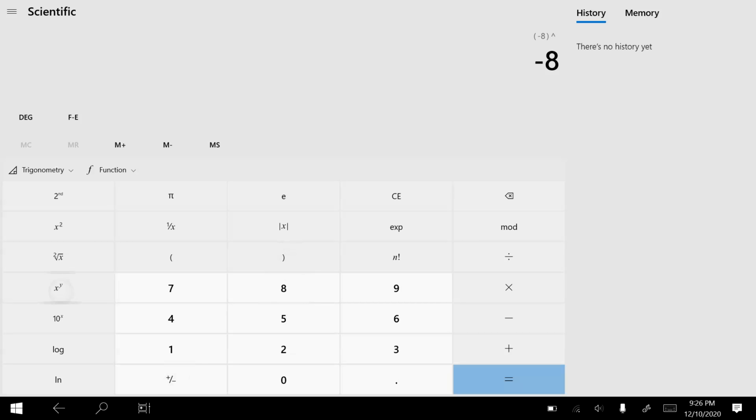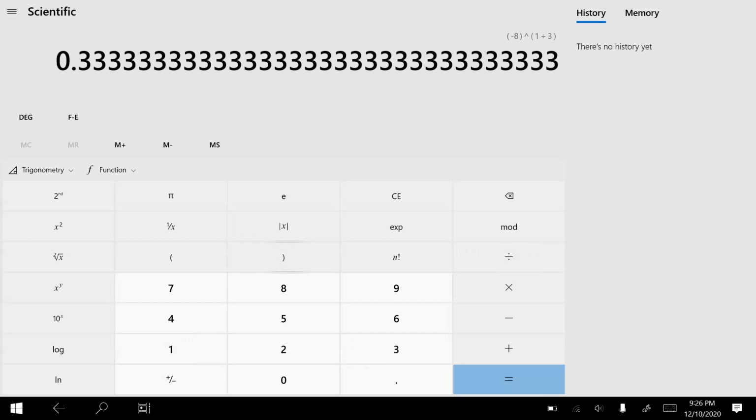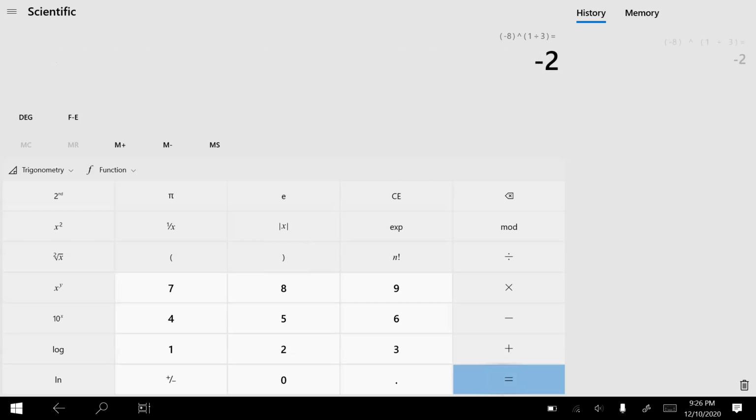And now I'm going to have that to a power of, in parentheses, 1/3. So 1 divided by 3, close parentheses. Alright. It did not like that. Oh, and then you press enter because it actually calculated the 1/3. So your answer is -2, because -2 times -2 times -2 is going to give you -8.